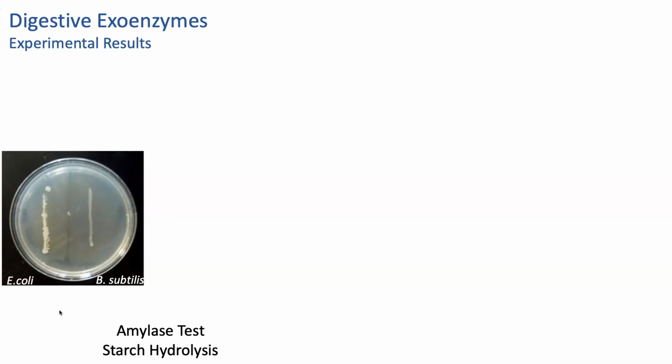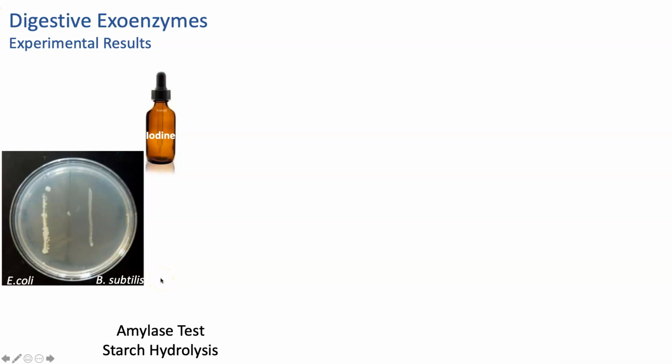If there is still starch present in my starch plate, the iodine is going to complex with the starch. Okay, well, I'm a little bit confused. Let's back up here. If my bacteria produces the enzyme amylase, what does amylase do? Amylase is an enzyme that breaks down starch.